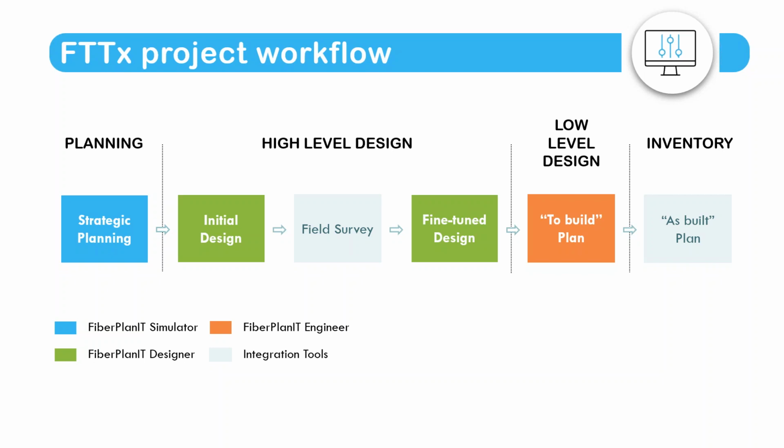Now, what we will focus on is more the design stage. So after you've made a decision on your architecture and the area which you want to deploy your network at, you need to do a design for that area. So you need to decide where your fiber concentration points, your cabinets, will be placed, how you will route your cables, where will you do trenching, where will you go aerial, can you reuse existing infrastructure.